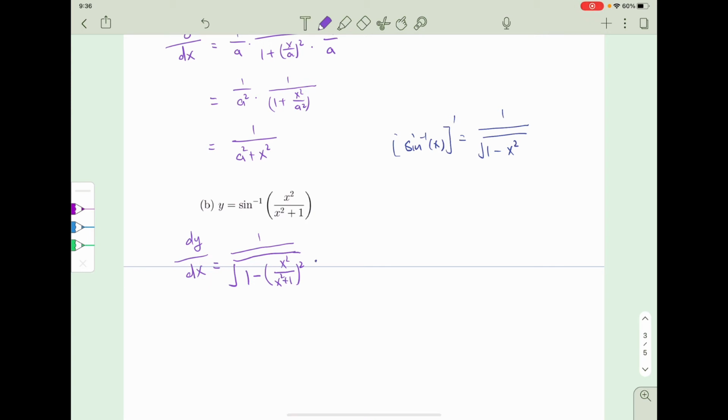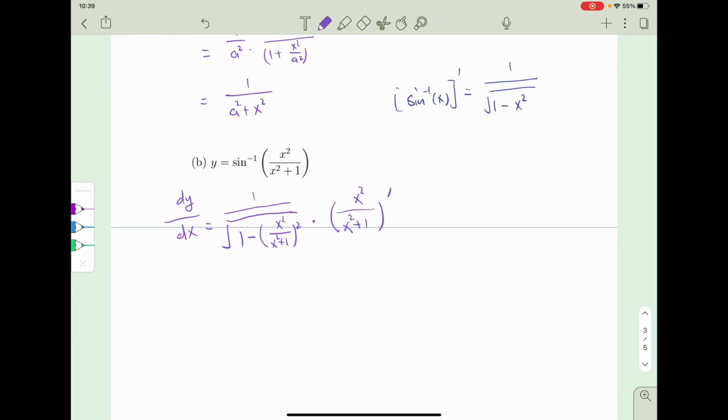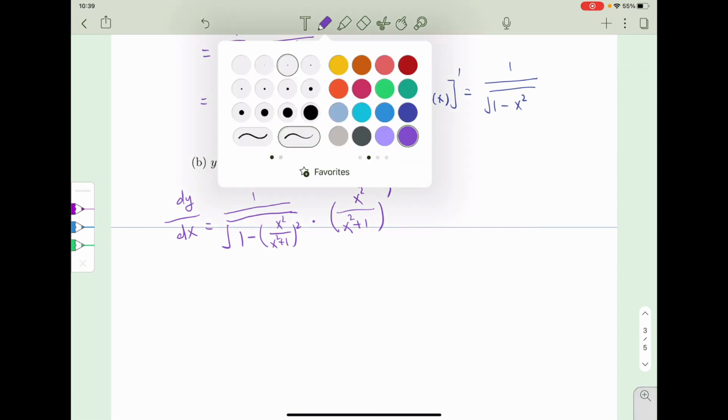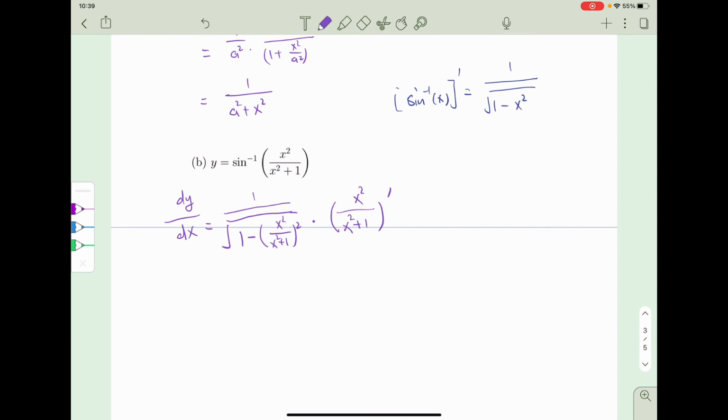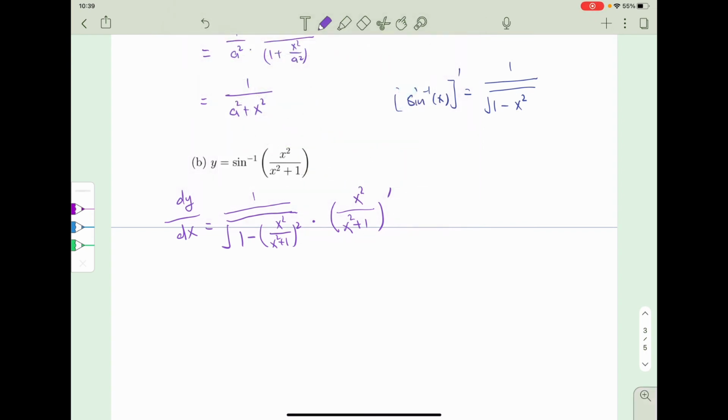We need to multiply this with the derivative of the inside function, which is the derivative of this one. From here, you would either want to use the quotient rule, or you will need to rewrite that expression a little bit so that it makes the derivative easier to compute.